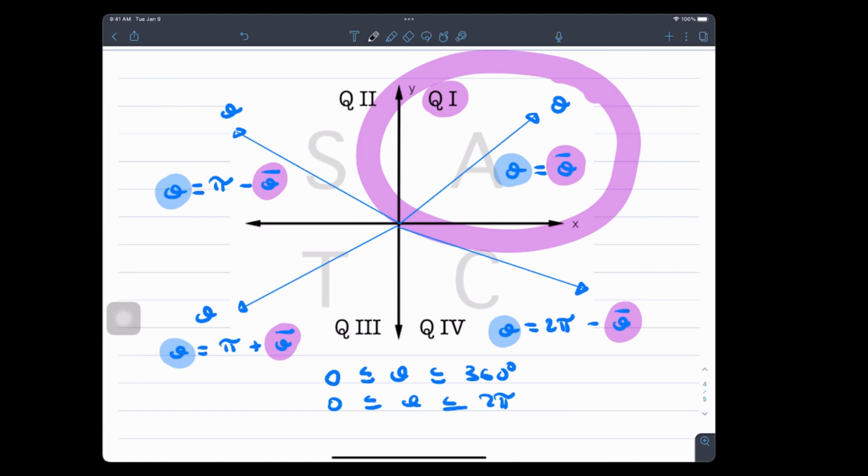This is why we went over those terminal points and circular functions. Where is tangent positive? Quadrant 1 and what other quadrant? Is it quadrant 2 or quadrant 3? Isn't quadrant 3 tangent positive in quadrant 3 as well?